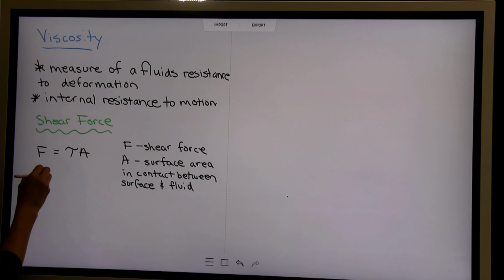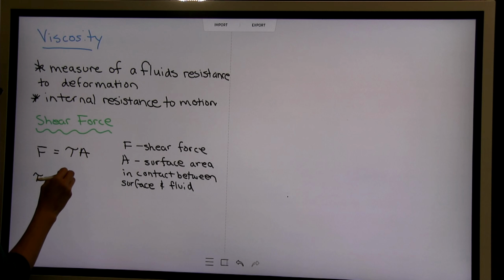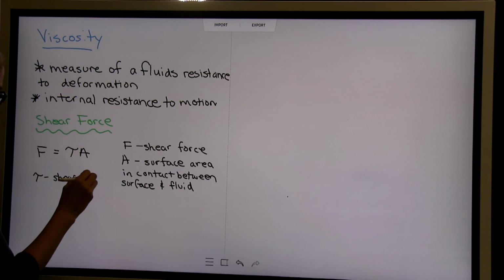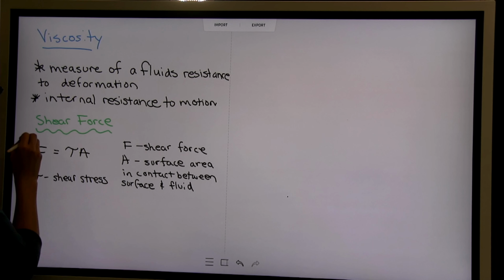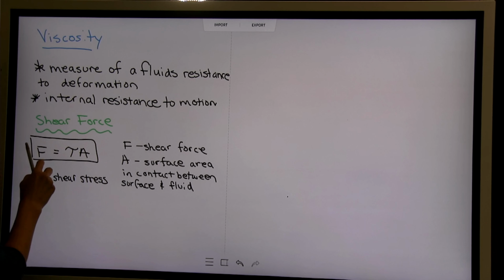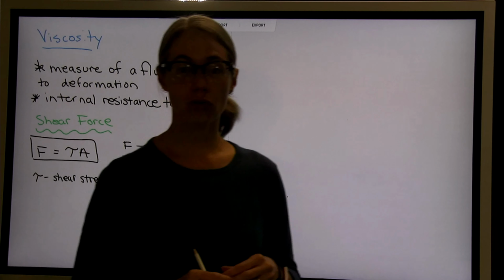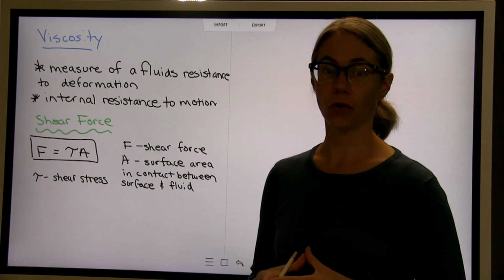And tau we define as shear stress. And you'll recall from MER 210 that stress is defined as a force over an area.